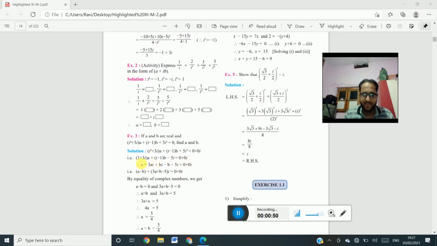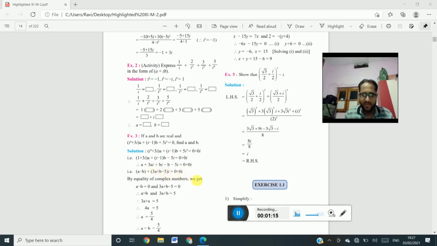Then multiply this a by the bracket, so 1 into a, plus 3ai, plus ib is bi, minus b, minus 5i is equal to 0 plus 0i. See, this is a minus b, that is we collect the real part and imaginary part separately. So here 3a plus b, i common, minus 5i, is equal to 0 plus 0i.